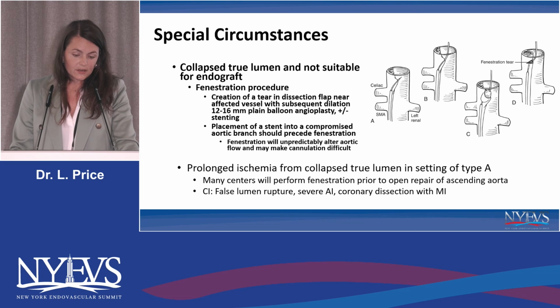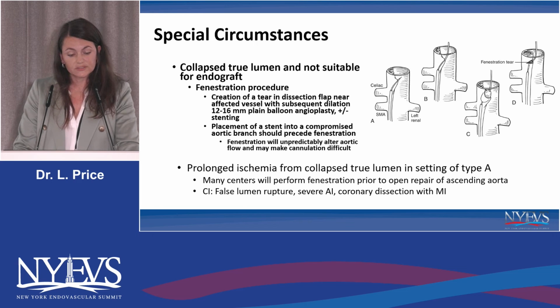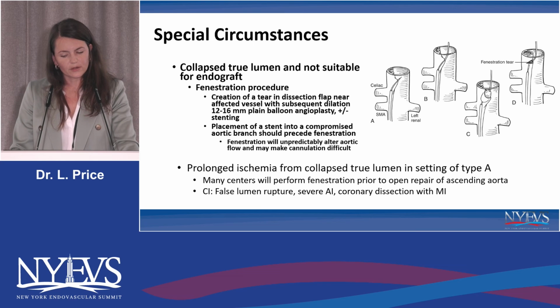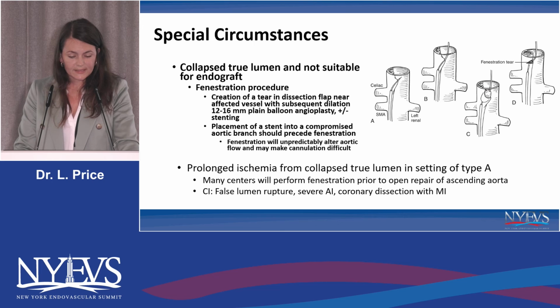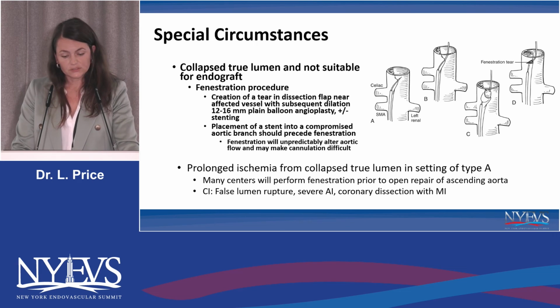You can create a tear in the dissection flap near the affected vessel with subsequent dilation with balloon angioplasty and/or stenting. That being said, if you are concerned about an aortic branch, you should identify that, cannulate that, and oftentimes address that with a stent before you do a fenestration, because this can unpredictably alter the aortic flow.